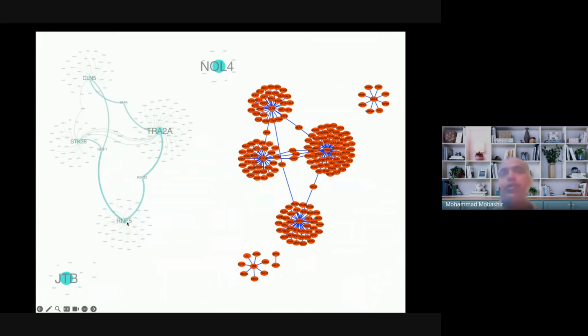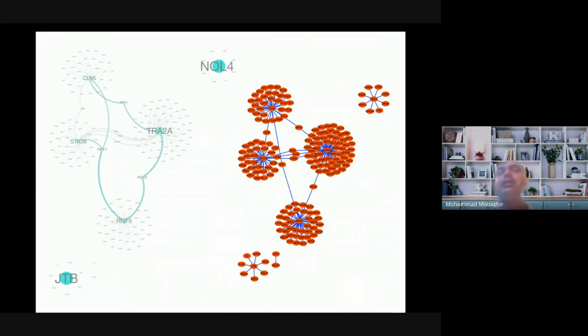Then there are others which have fewer connectivities, but their positioning is very important. They are connecting two different clusters of the proteins. So here, for example, RANV2 and then SERA, then NRF1. These are also crucial, because if there is any kind of disruption in these proteins, then there will be a huge change in terms of functions also.